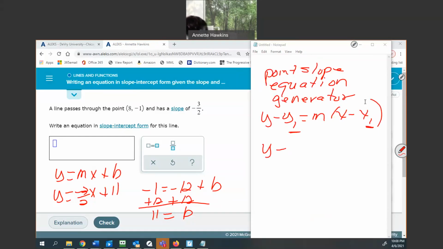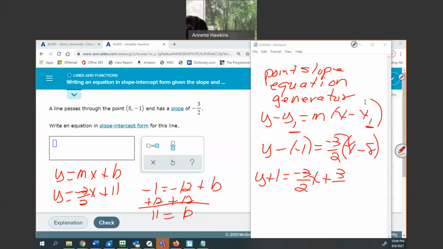So y minus, the y of my point is -1. M is -3/2. X minus x of my point is 8. Minus a minus gives me a plus. And then I need to use my distributive property. -3/2 times x is -3/2 x. A negative times a negative is a positive. 3/2 times 8/1.